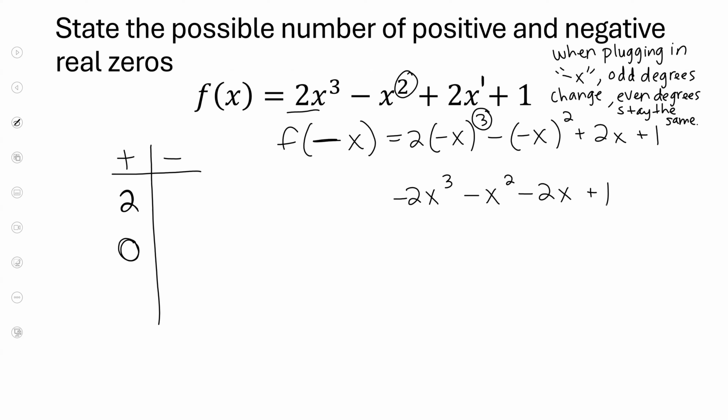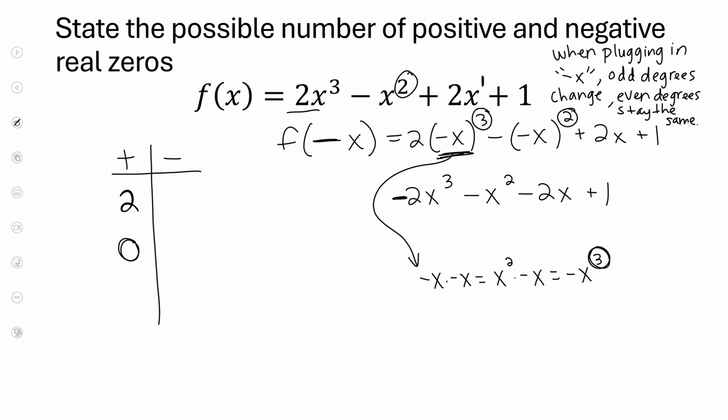Okay? The reason why, if you just want to know why, is negative x times a negative x is a positive x squared. But if you multiply by another negative x, it'll be negative x cubed. So this became a negative. That's why we have a negative here. Odd degrees make things negative.